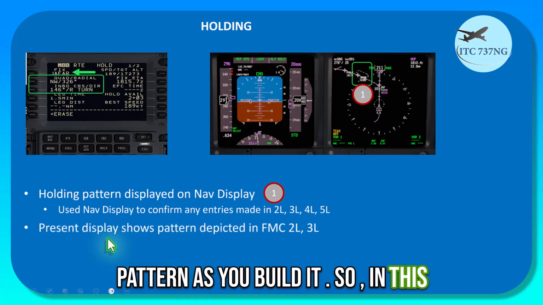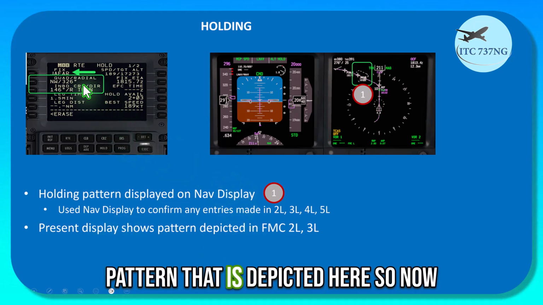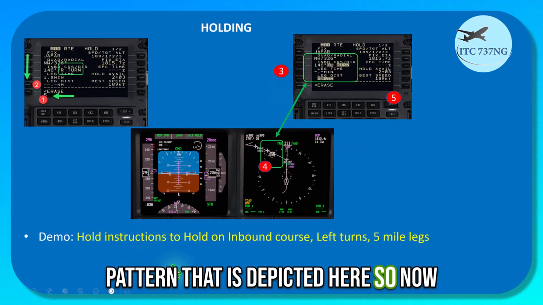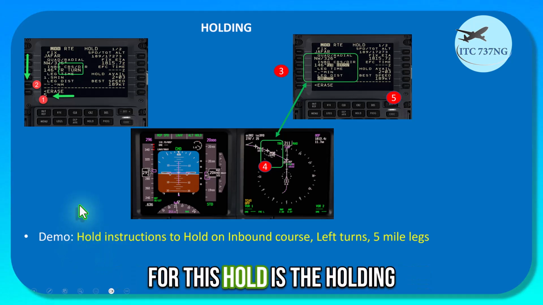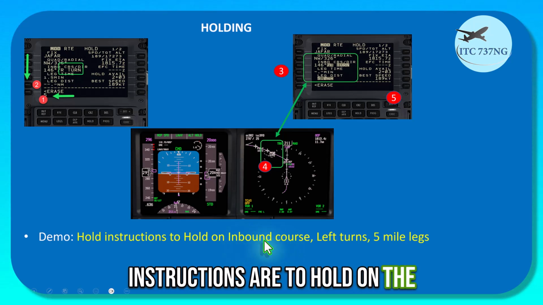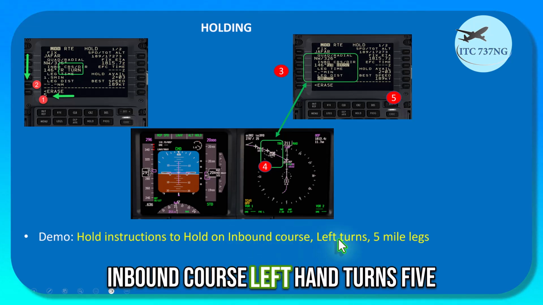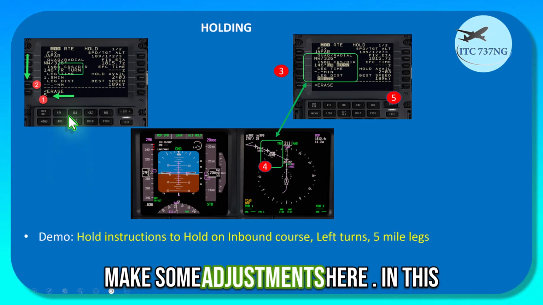So in this case, the present display shows the pattern that is depicted here. So now what they're telling us to do here for this hold is the holding instructions are to hold on the inbound course, left-hand turns, 5-mile legs. So that means we've got to make some adjustments here.